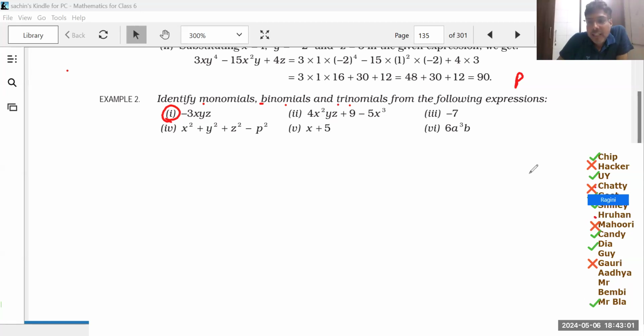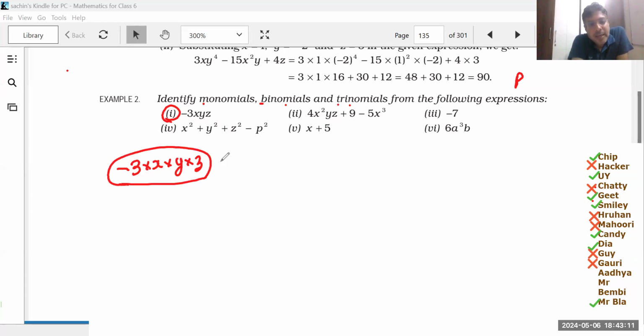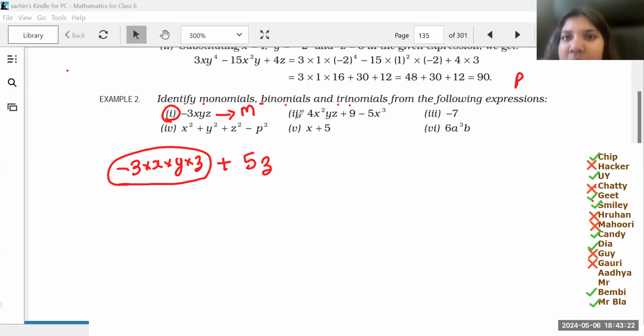So which has one term is called a monomial. So 3 into x into y into z, when you multiply you get one term only. A second term comes when there is something like 5z or 25. This is a monomial. Sir, I'm not clear with this concept. Beta, that's what I am explaining.